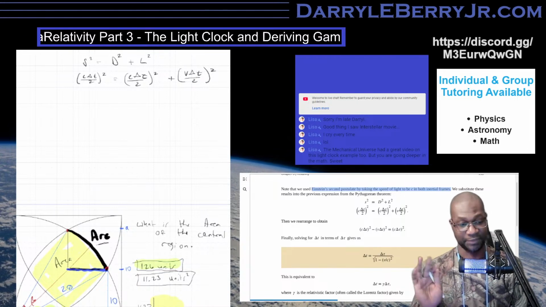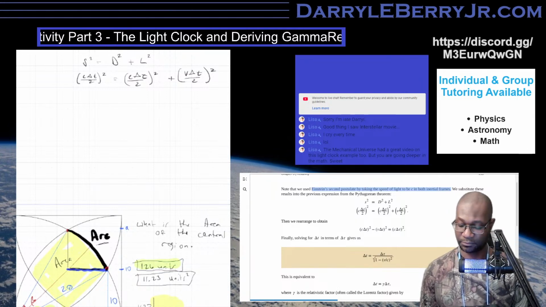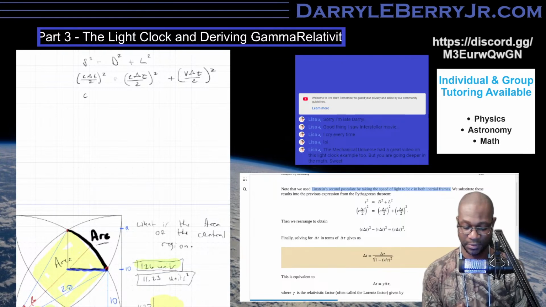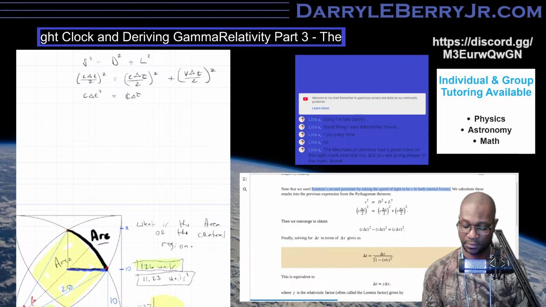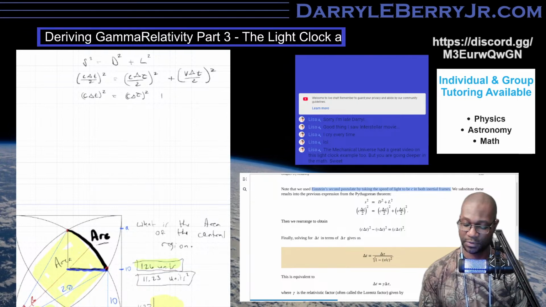So we have this, and looking at the equation, everything is divided by 2 and then squared. So we could say c change in t squared over 4 and c change in tau squared over 4 plus v change in t squared over 4.